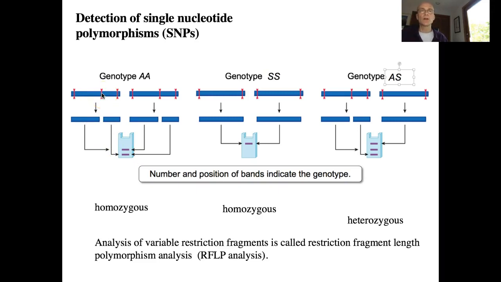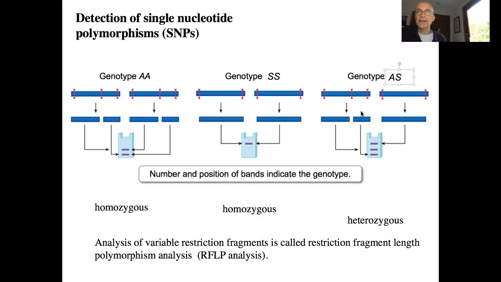Doesn't matter which individual it came from. And so you will have one large band and one short band. And then for the S allele, if it's the same, then you'll get one large band will run on top of each other, right? Moms and dads will run exactly the same size, and so they will run on top of each other. In both cases, we'll call this homozygous. This is the homozygous pattern for the A allele. This is the homozygous pattern for the S allele.